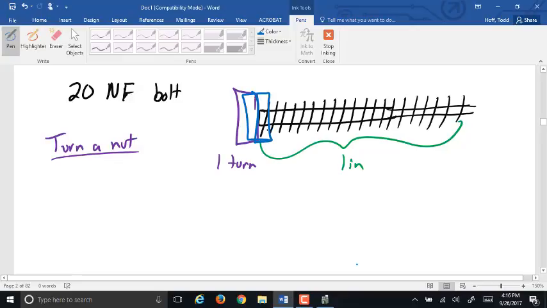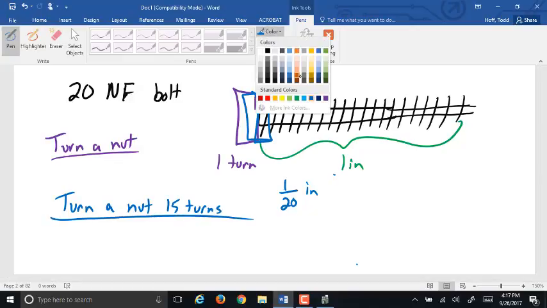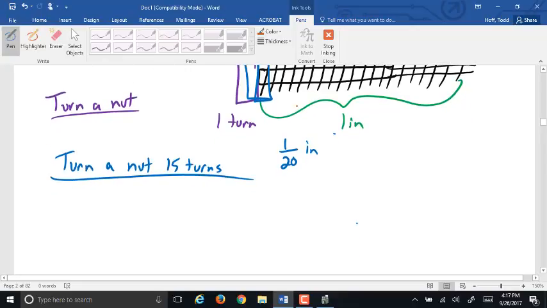How far has it gone? Well, each thread, if there's 20 threads in an inch, each thread is 1/20th of an inch, correct? So 1 turn is 1/20th of an inch. If I turn a nut 15 turns, it's now gone onto that bolt 15/20ths of an inch.